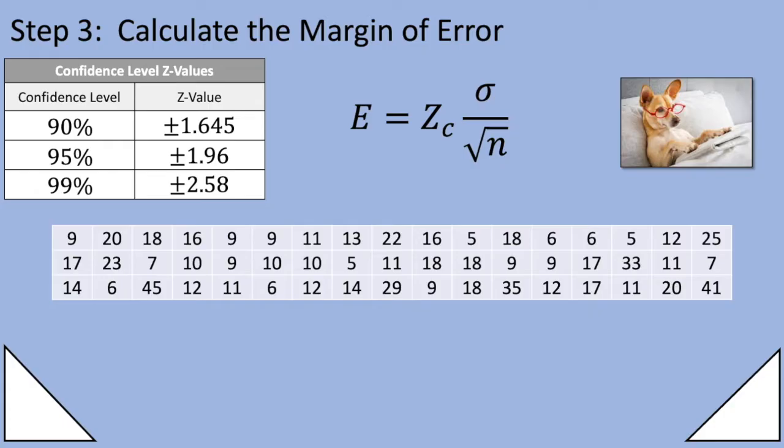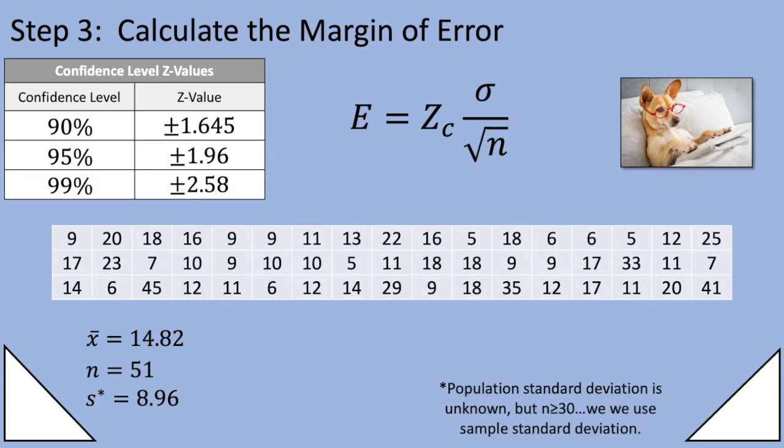So we'll bring up our data again, and we know that the sample mean is 14.82. We've got a sample size of 51, and using a calculator, I found the standard deviation of these numbers to be 8.96. Now again, even though the formula calls for the population standard deviation, we can use the sample standard deviation because our sample size is greater than 30.